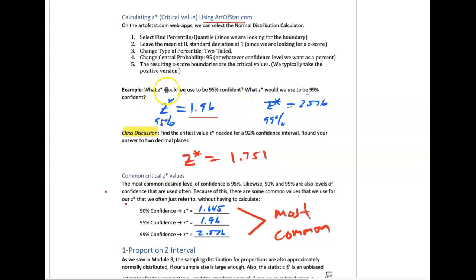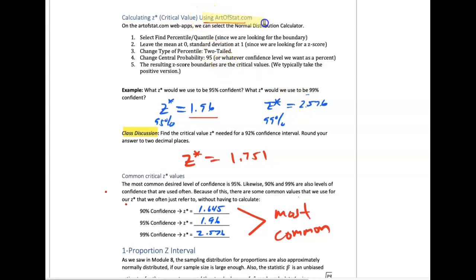Suppose we want to be 95% confident, then our Z-score is going to be 1.96. If we want to be 99% confident, then our critical Z is 2.576. It's a bigger value, which would give us a wider interval, because it's critical Z times the standard error. So the bigger the value, the wider. I'm more confident with the bigger Z.